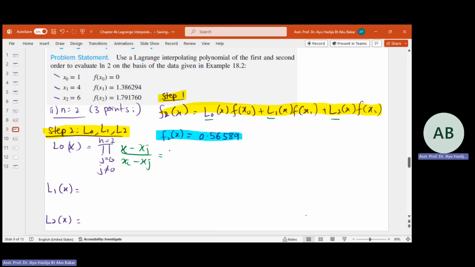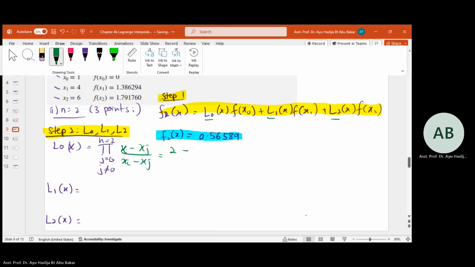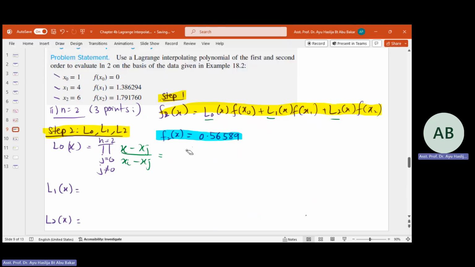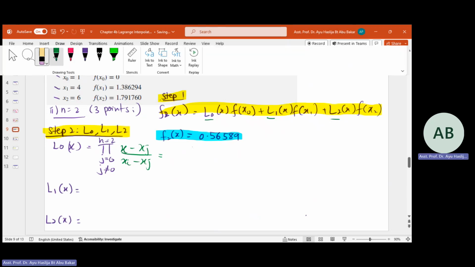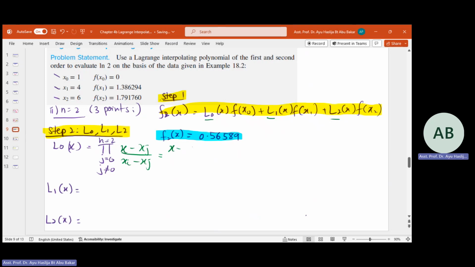Your x just now is 2. 2 minus xj, j cannot be 0, so it should be 1. Plug in the equation first: x minus x1 over x0 minus x1, multiplied by x minus x2 over x0 minus x2.